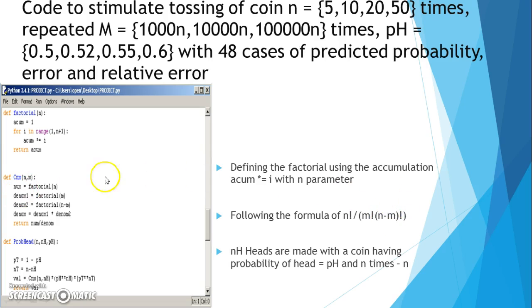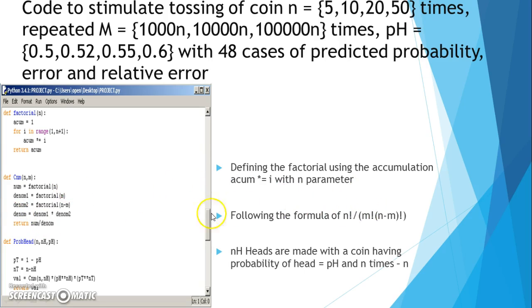So num is factorial n, as you can see. Denom 1 is factorial m, and denom 2 is factorial n minus m. Denom 1 multiplied by denom 2, and return num divided by the total denom right here.